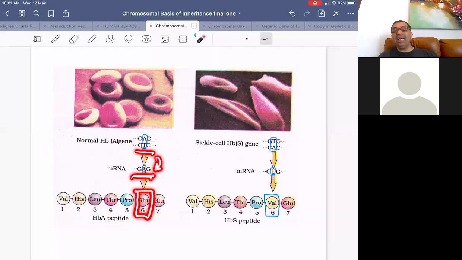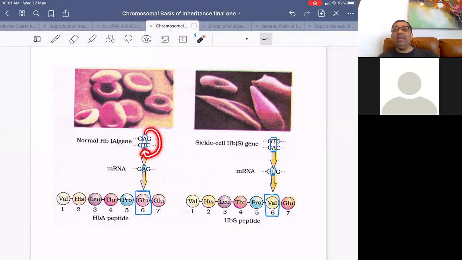In sickle cell it becomes HbS; suppose HbA was normal, now HbS. So what will happen at the sixth codogene, listen carefully. Point mutation. The second nitrogen base or nucleotide undergoes an inversion.